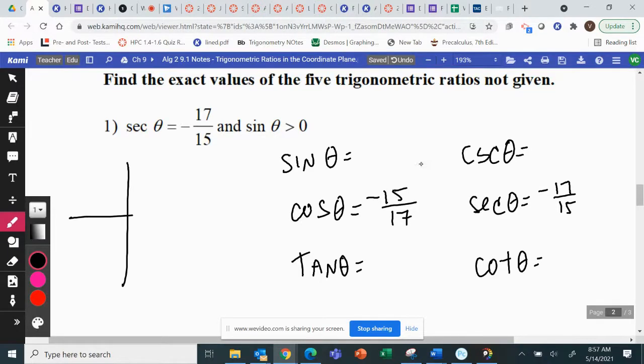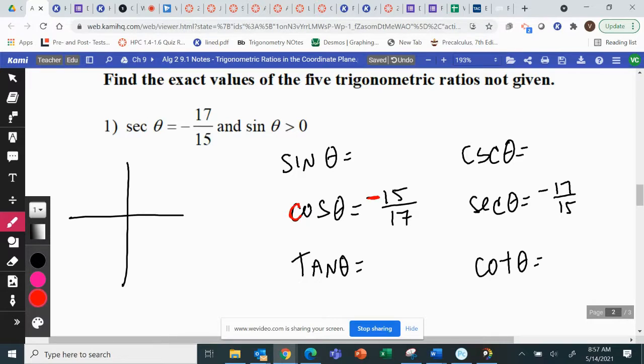So now I'm going to draw a picture. I have to read these clues and understand where this is. The first thing I'm noticing is that cosine is negative.